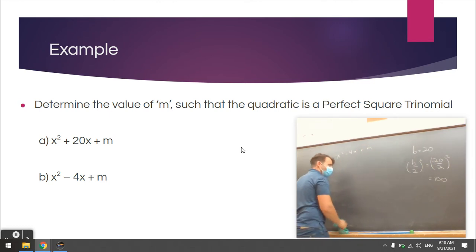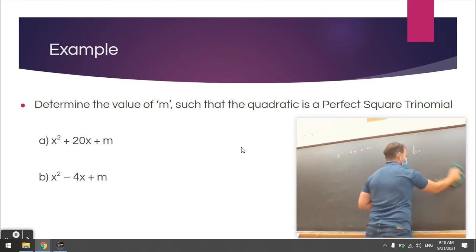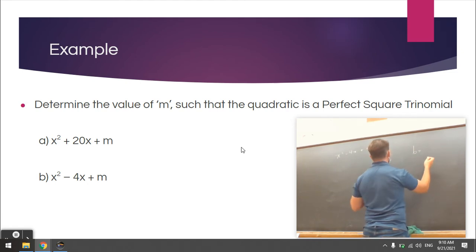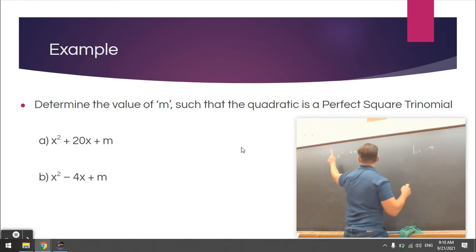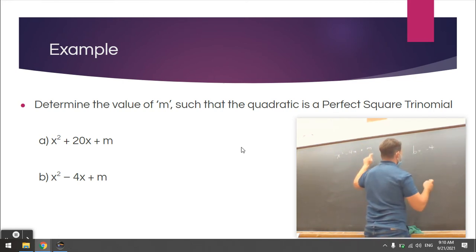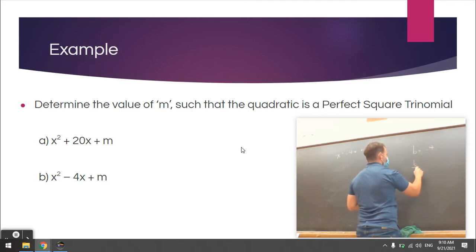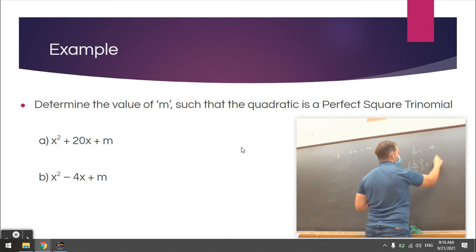So let's do a little investigation here. B is equal to negative 4. My B value here, this is a quadratic in standard form, ax squared plus bx plus c. I need to find a c that makes this work. B over 2 squared, well, that would be negative 4 over 2 squared is equal to 4.